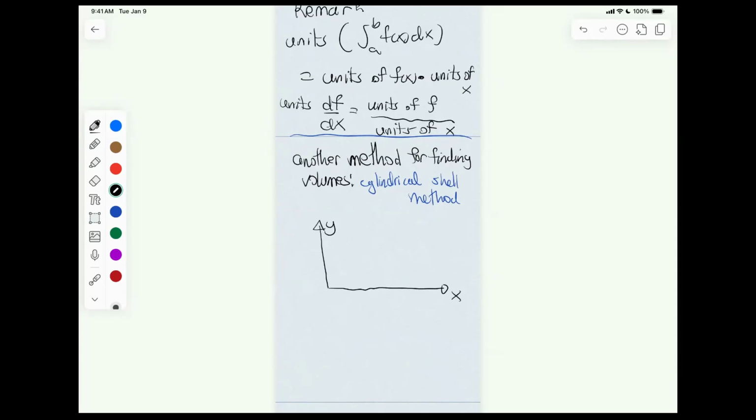Let's say you have the graph of a function of one variable, y equals f of x, and here you have a and b.